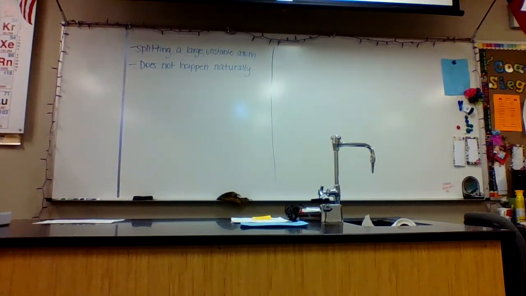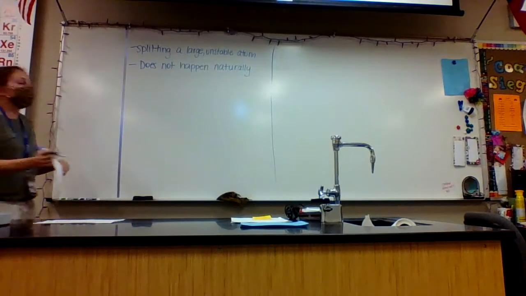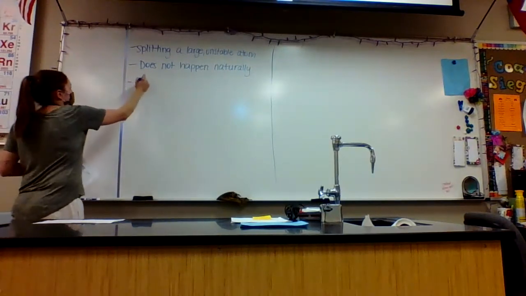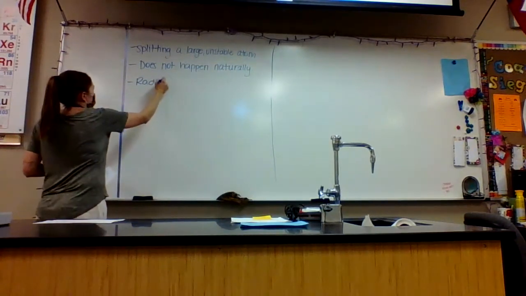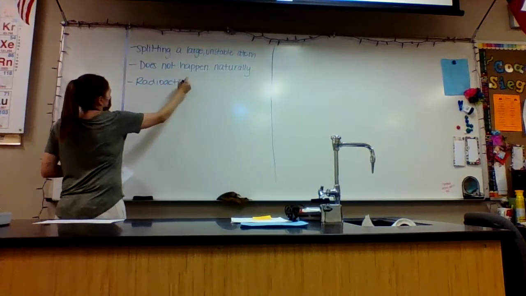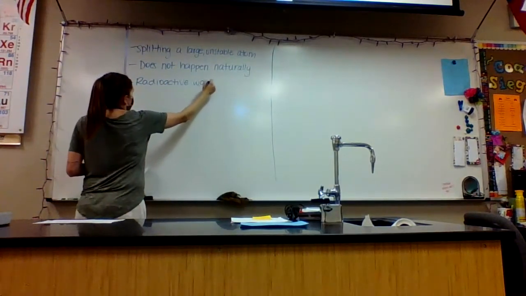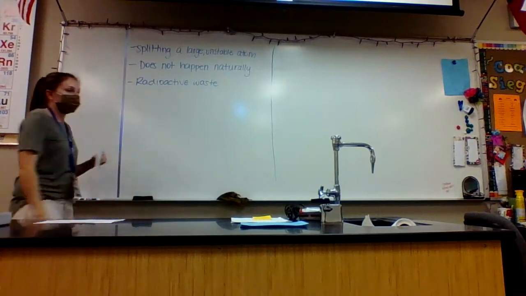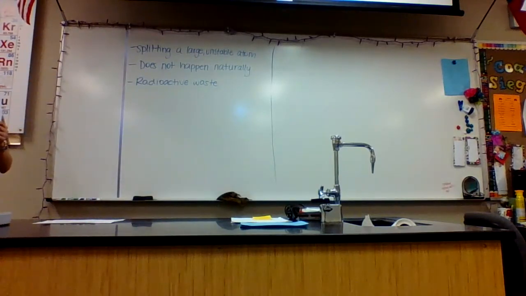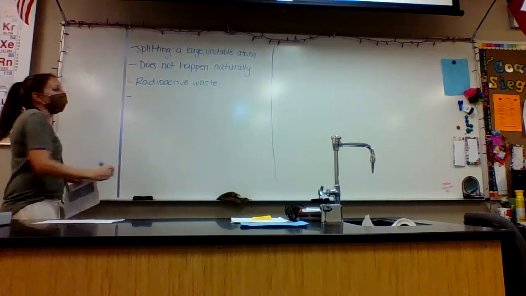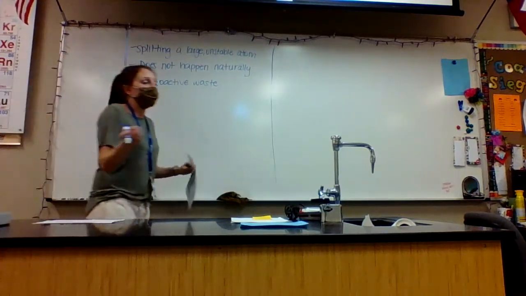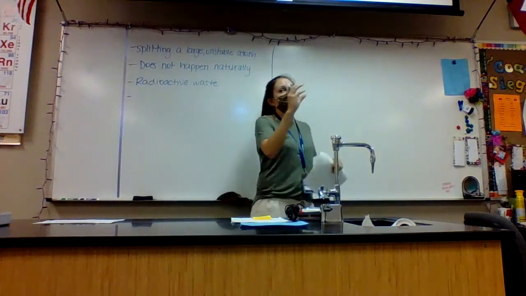Alright, byproducts. What's the bad thing that fission produces? Radioactive. That is a great hypothesis. Makes sense. Byproducts, radioactive waste. Energy requirement. So, all that's required of fission is that a neutron hits a uranium atom, okay?